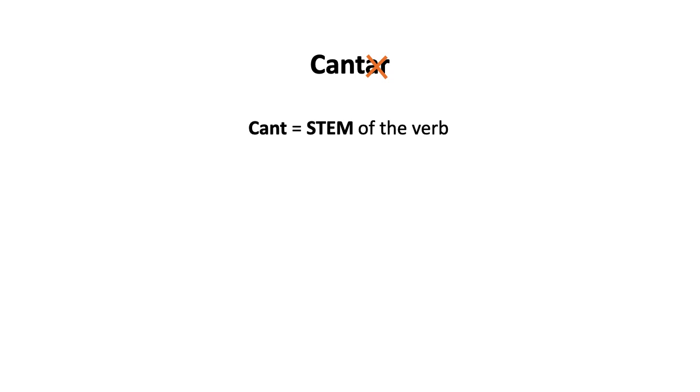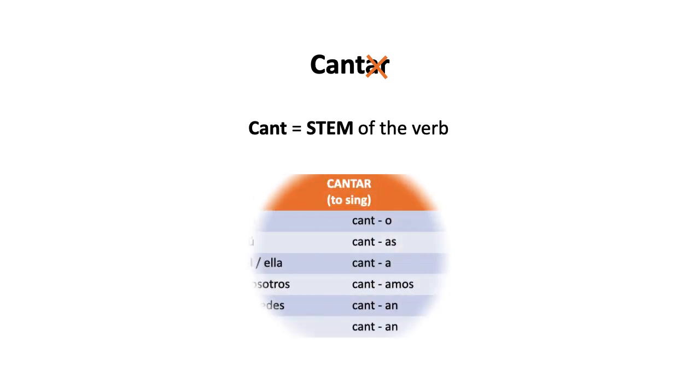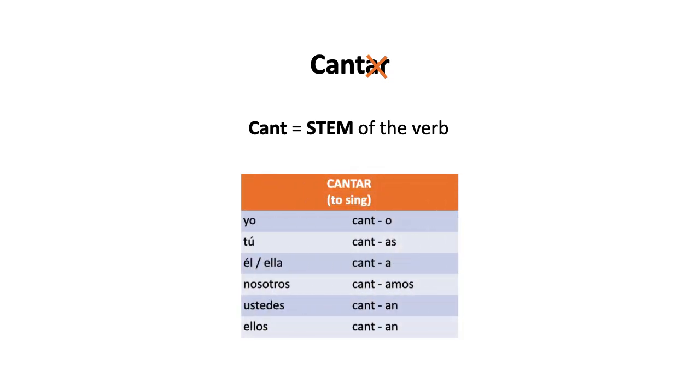And then what do you do? Well, I hope you remember this. You write the stem throughout in your little table because it's used everywhere, right? And the last step is adding the endings. And how do I know what endings to add? I know that from the ending of the infinitive, right?